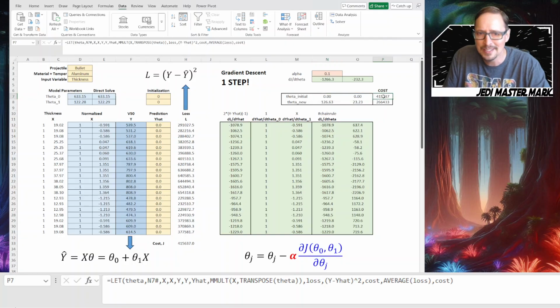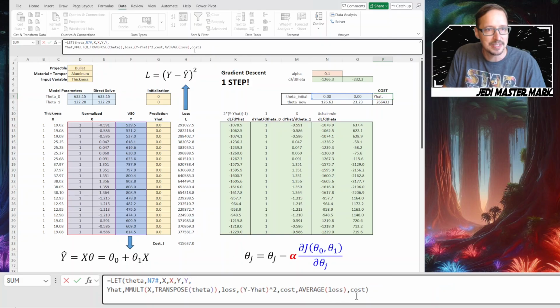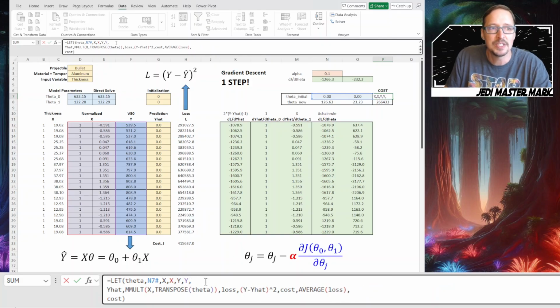So if you want to see the formula for the cost function, again, I'm going to separate these out so it's easier to see. Okay, so the first thing we do here is we identify our theta parameters, so we identified the 0, 0. Our x is equal to the x array. The y is equal to the y array. We did y hat. That's a matrix multiplication of x times theta.